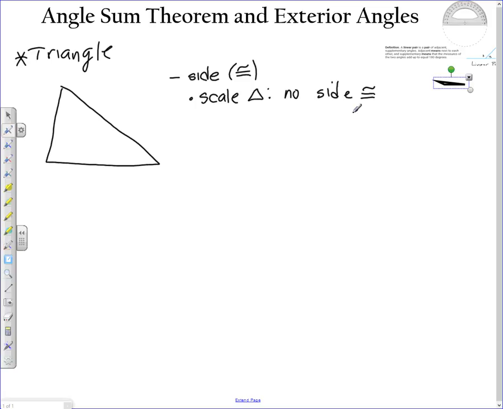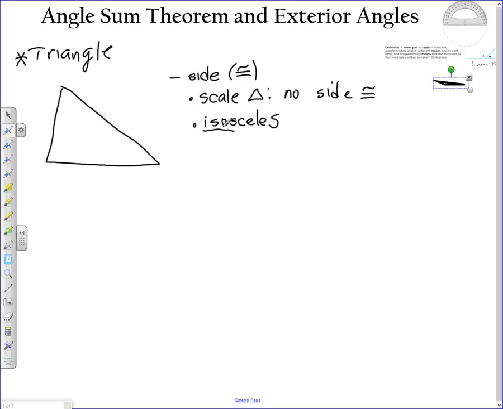Now, there's something called an isosceles triangle. If you're taking chemistry or physics, you know what iso means. Iso means the same measurement.